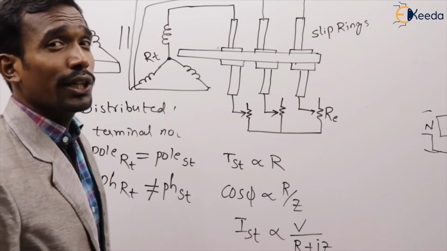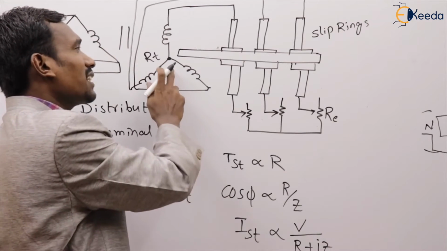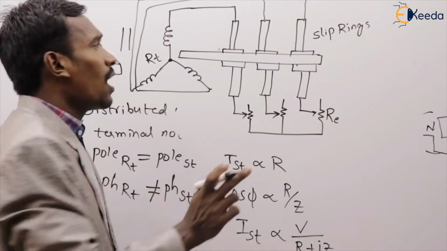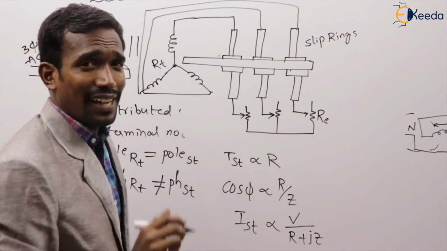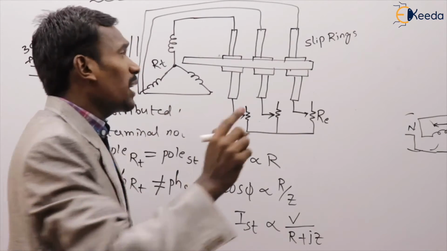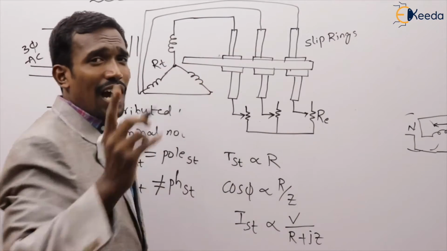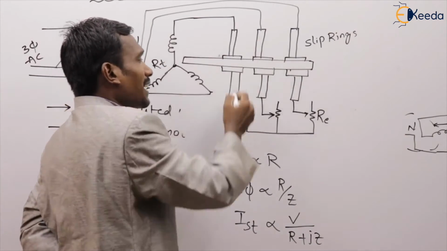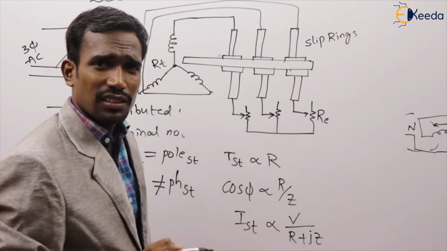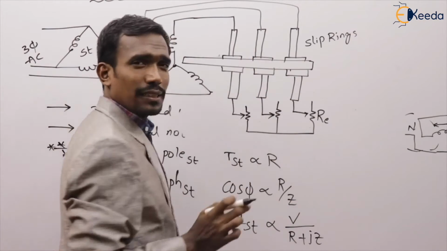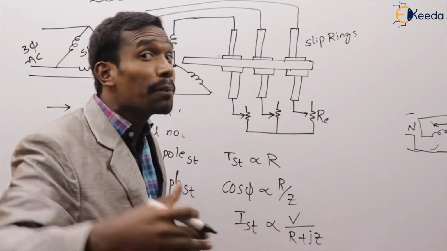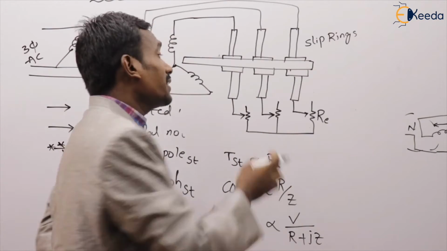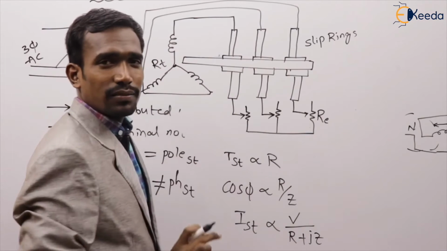That's why I told you the rotor of the slip ring induction machine should be star connected, in order to connect extra resistance through the slip rings in series to the rotor.